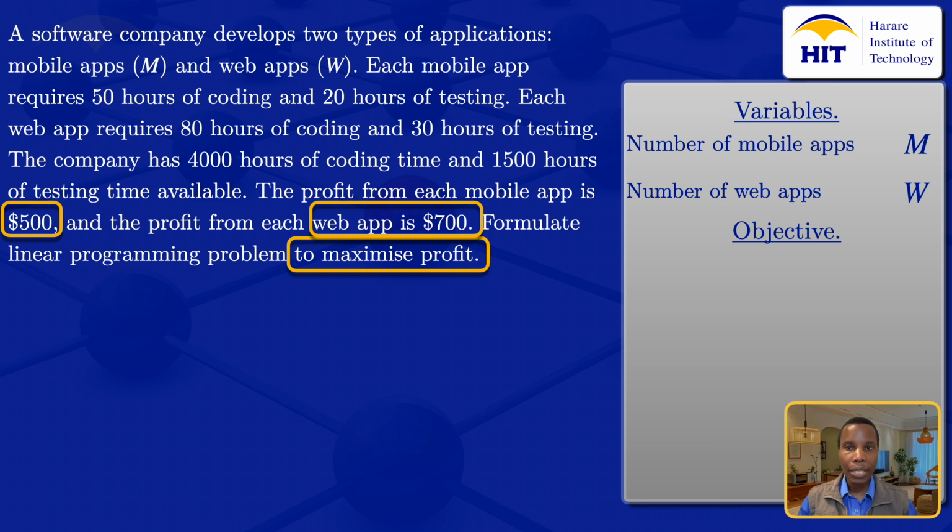But in this case, we are making M mobile apps. So the profit from mobile apps will be 500 times M, and the profit from web apps will be 700 times W. And the total profit now will be the sum of the profit from mobile apps and the web apps. So in this case, we'll be maximizing Z, which is equal to 500M plus 700W. So that's our objective function there.